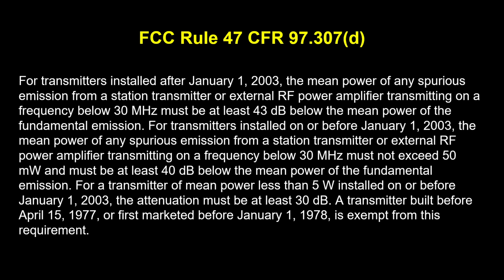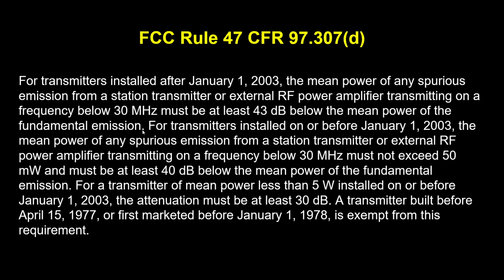Because of that, the FCC has given us a couple more rules that help us out with this. So the rule 97.307(d) talks about the HF frequencies primarily. So for all newer transmitters installed after January 1st, the mean power of any spurious emissions from a station transmitter or external RF power amplifier transmitting on a frequency below 30 MHz must be at least 43 decibels below the mean power of the fundamental emissions.